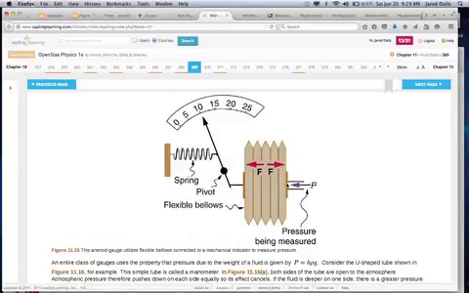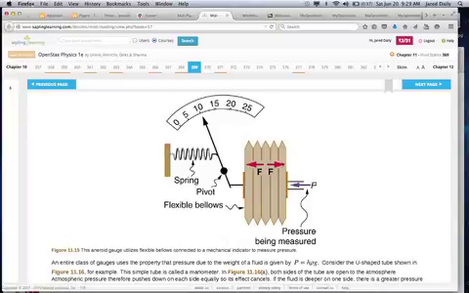So that's the pressure being measured. As this bellows gets pushed inward or pulled outward, pushed inward for high pressures, not pushed inward as much for lower pressures, it is connected to this little lever arm that has a pivot, which is connected to a spring, and the spring has a particular spring constant. So you can calibrate this thing.